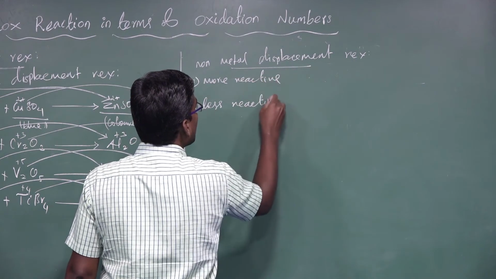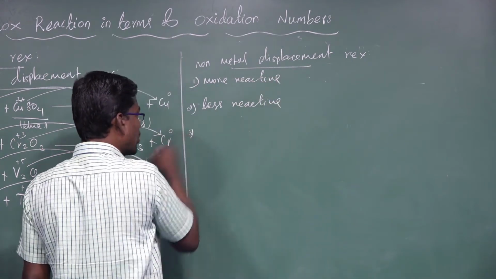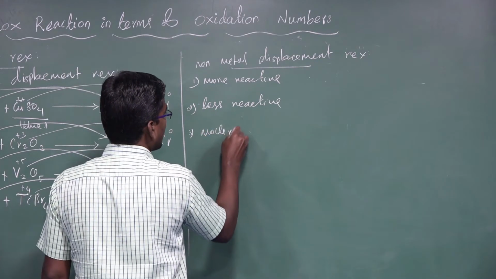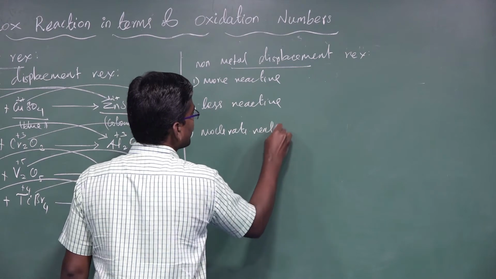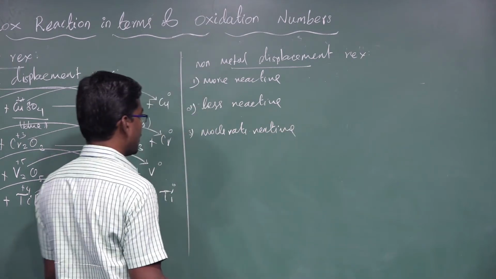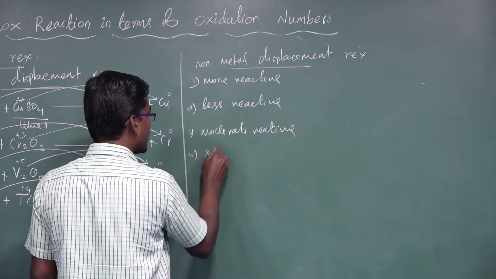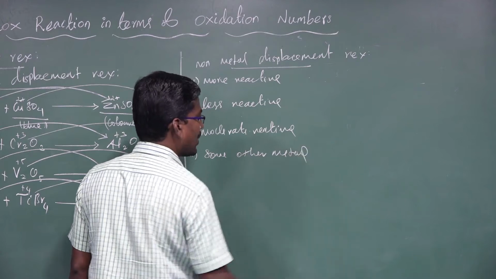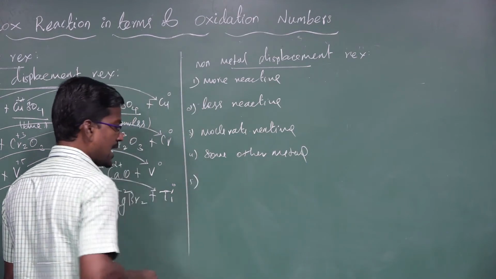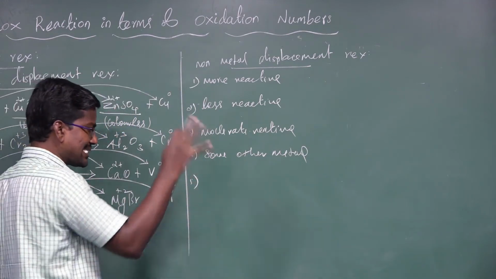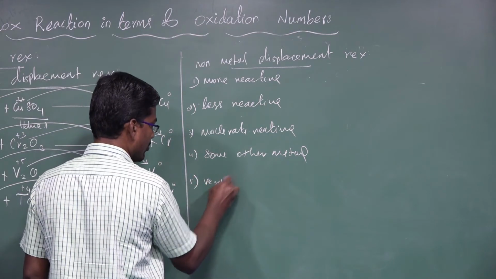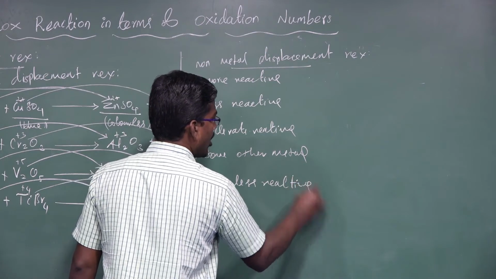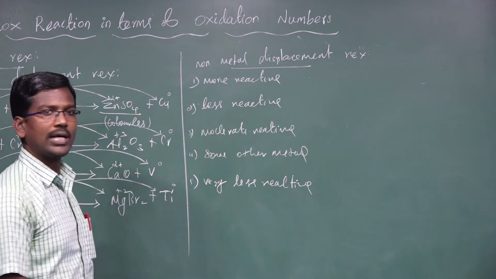Third one, moderate reactive metal. Then in the least reactive group, very less reactive metals.